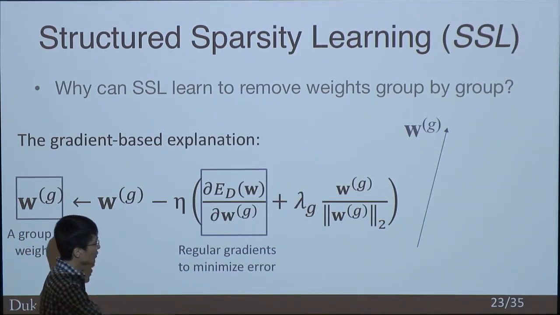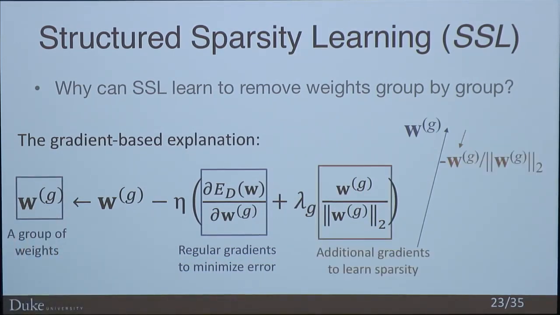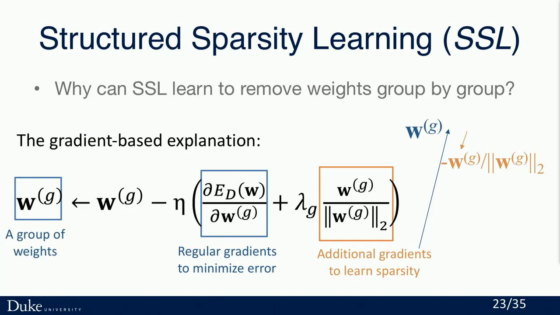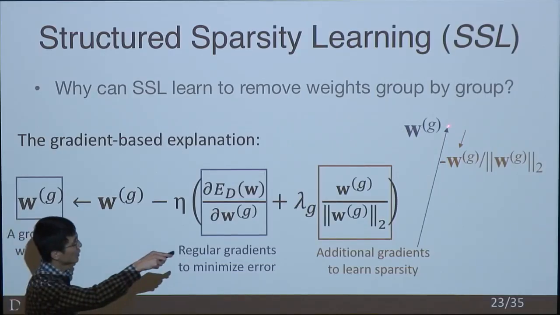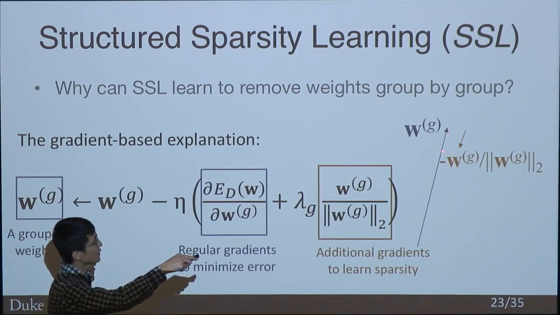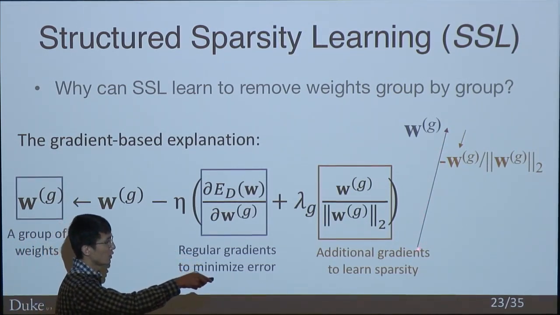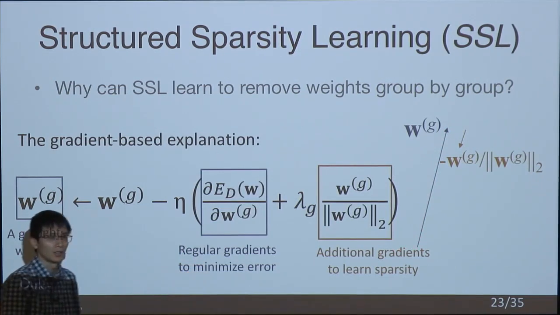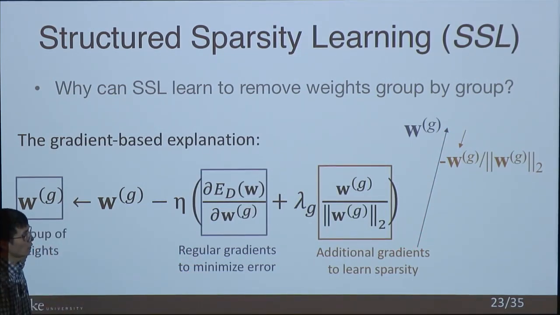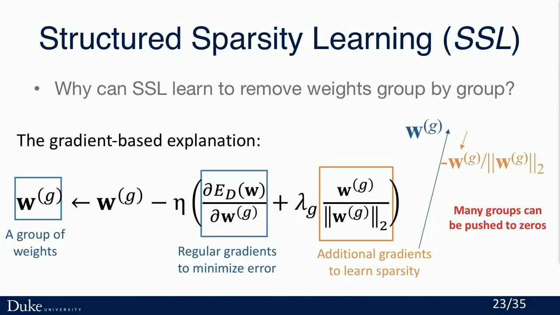This is the additional gradient, and it's basically just the unit vector going against the direction of the vector. So during training, it will iteratively squeeze the size of the vector, and eventually, if it can, it will go to 0. So it will remove all the weights. Many groups can be pushed to zeros, then we can learn a structured sparsity pattern.